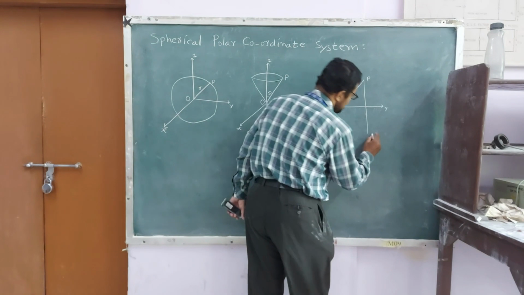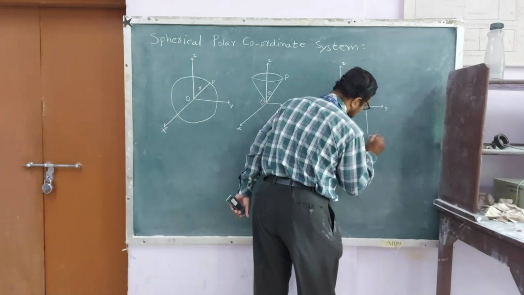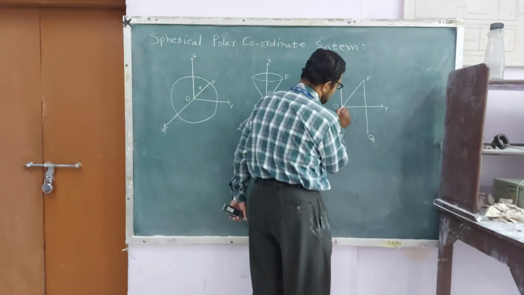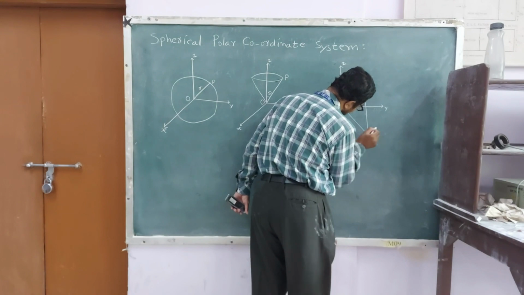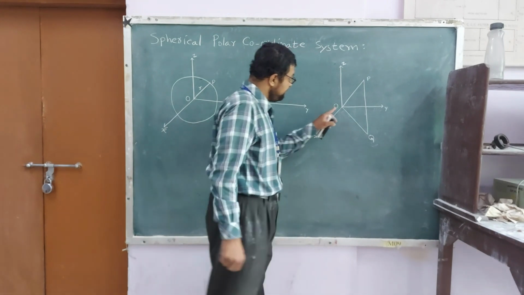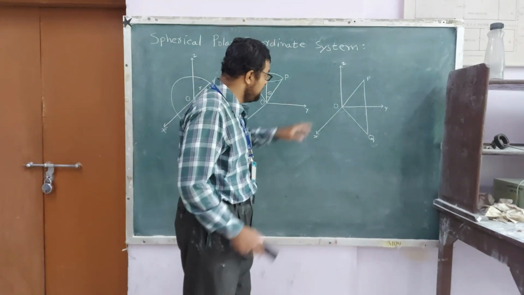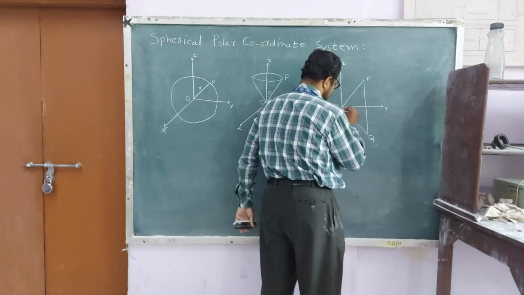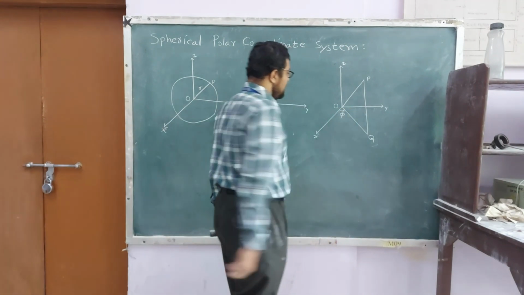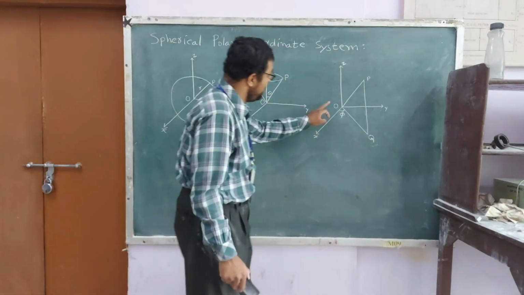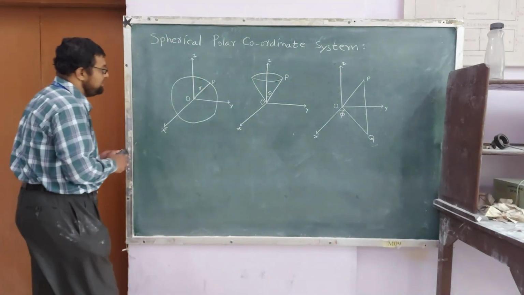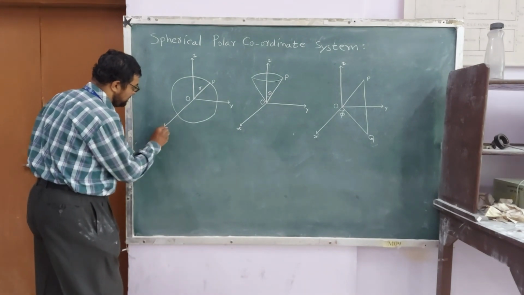This point we will call it as, say maybe Q, we can call it as Q. And this is of course our origin O. And then I will draw this O to Q. Now of course here, then we have to define this angle here. This angle is nothing but angle phi. So this angle XOQ is nothing but what? Phi. So if you want, you will write them in a capital letter, so that will look better, I think.